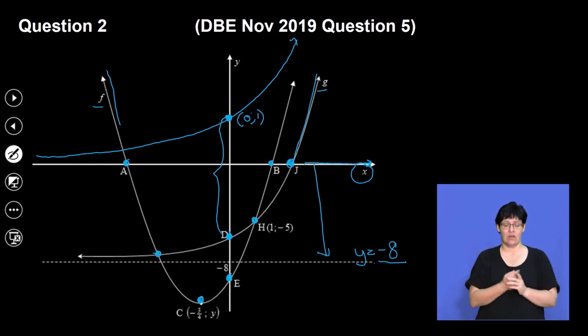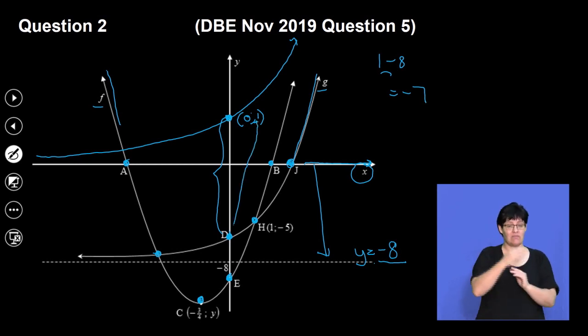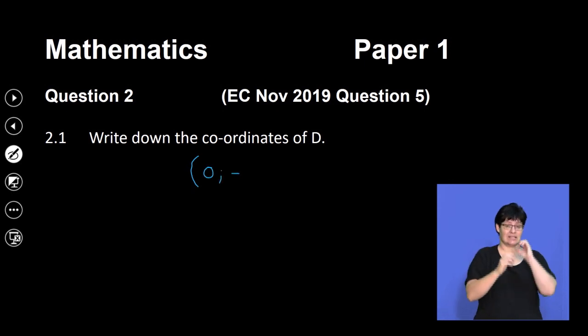So instead of 0, 1, we know that 1 minus 8 gives us -7. So therefore, the y-intercept has moved down from 1 to -7, and the coordinates of point D are 0, -7.